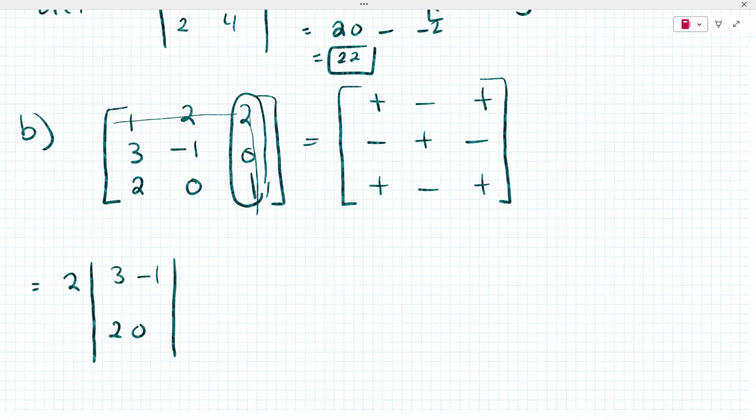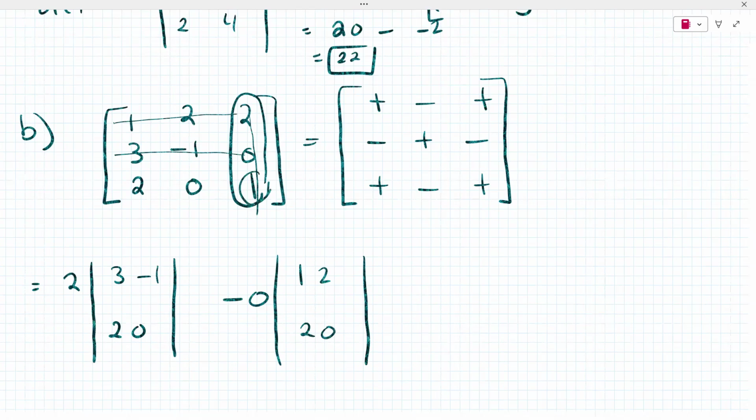Then we choose 0 as my next cofactor, so it's a minus 0. I don't really care because anything times 0 is 0. But if you're curious, you get rid of this row and this column, so you're left with 1, 2, 2, 0.